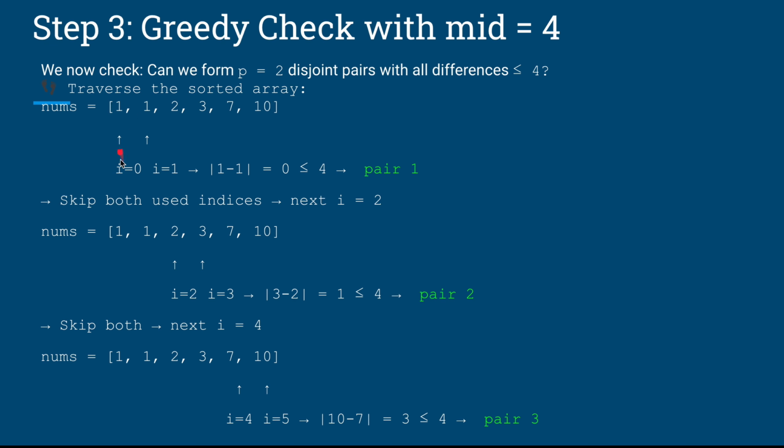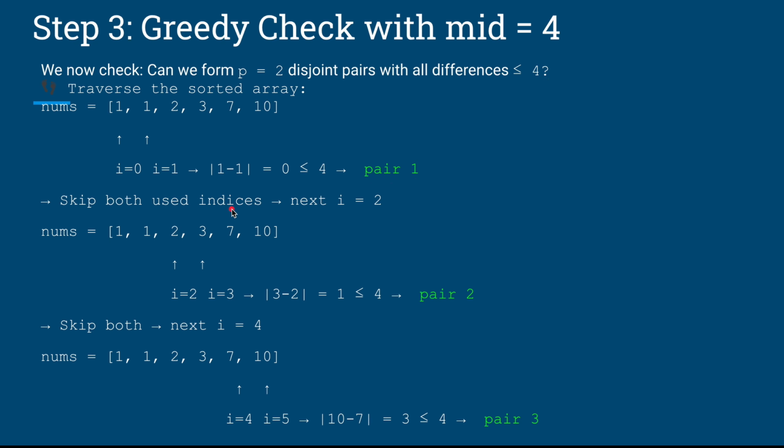We start from low, with I and j. I will take 0 and 1: for index 0 and index 1, 1 minus 1 is 0, which is less than or equal to 4, so we will select this pair.